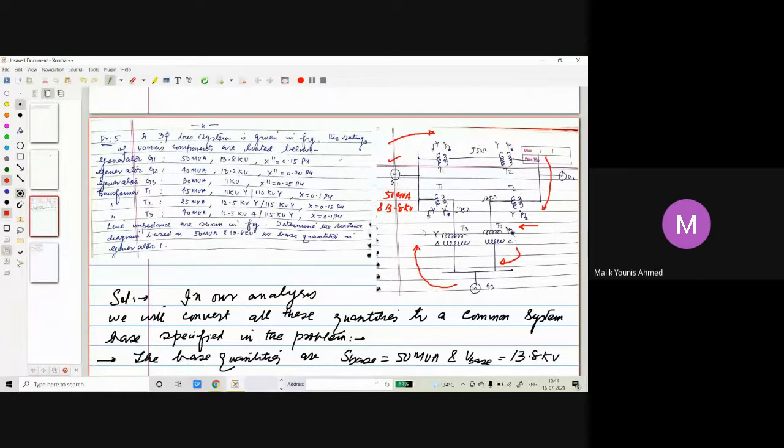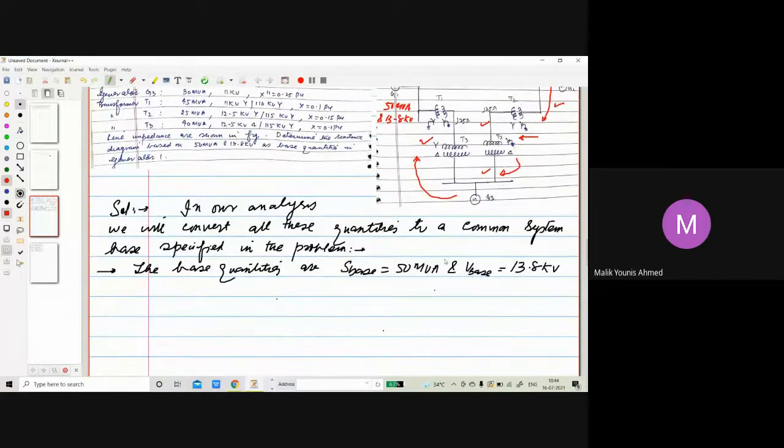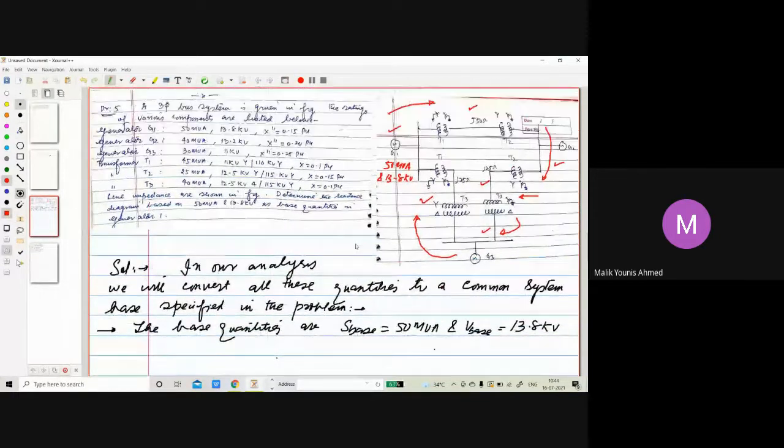So we have to find the base kV here, here, here, here, and finally here. These are all the base kVs we have to find. Let's go one by one. First, the base kV for the transmission line J50. We'll start with the directions I have shown, and base kV has to be calculated in all.